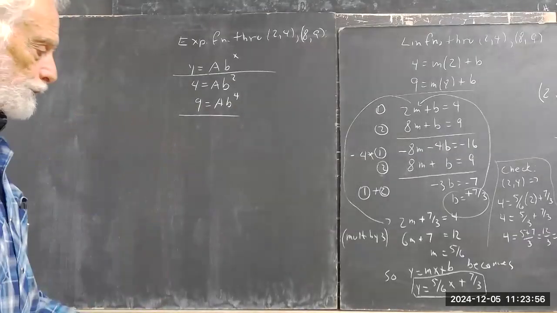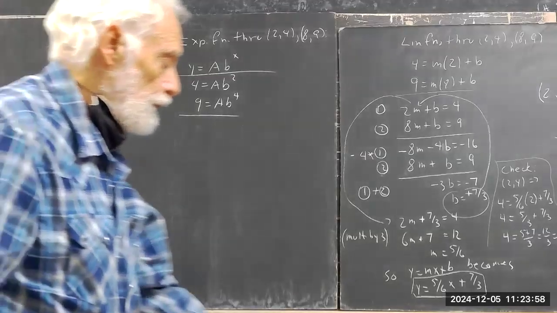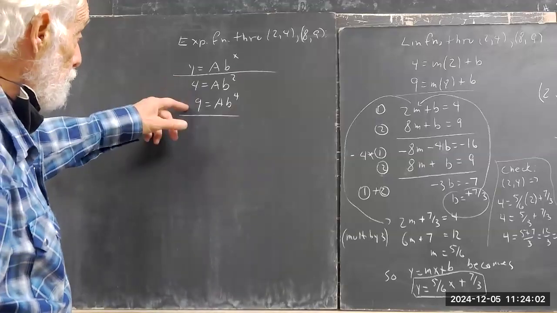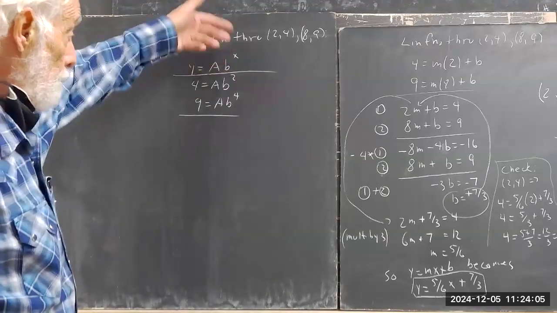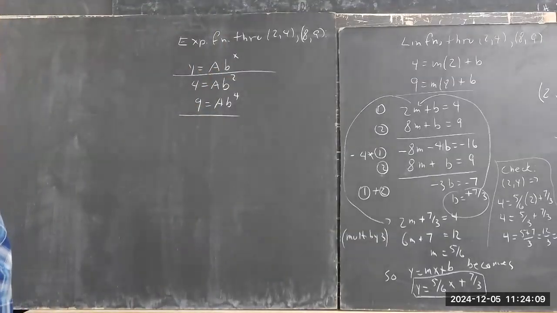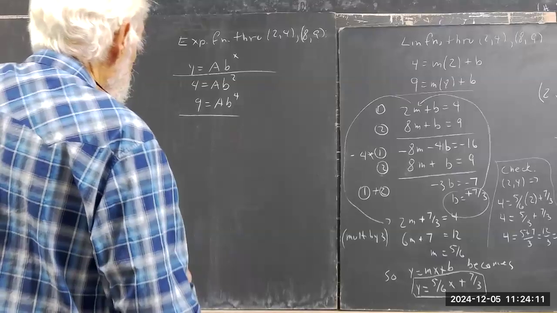We can't solve this system by elimination. These are not linear equations. Neither of these is a linear equation because you've got a power of B, a power other than 1.